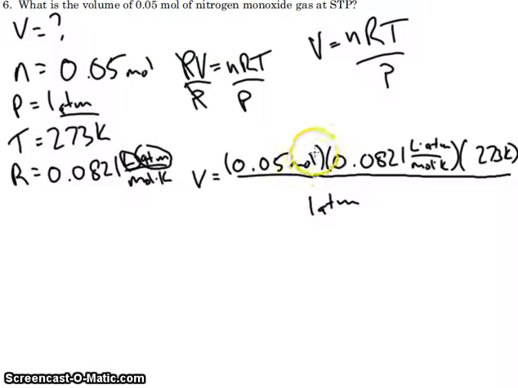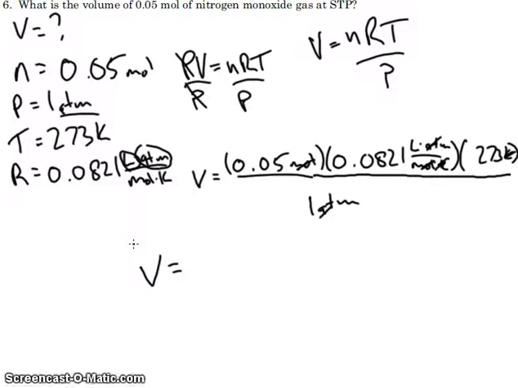Alright, let's take a look. I got moles on the top and I got moles on the bottom of the top over here, so they're going to cancel. I've got Kelvin on the bottom of the top and Kelvin on the top of the top, so they're going to cancel, and I got atmospheres up here and atmospheres down there, so they're going to cancel. The only units that I've got left are liters, so this is a good sign that whatever this comes out to be will be my answer.